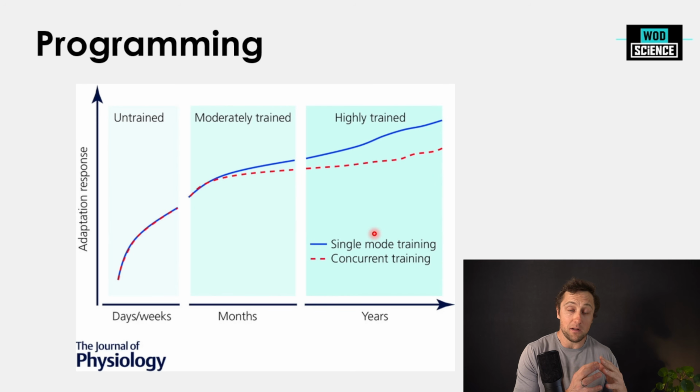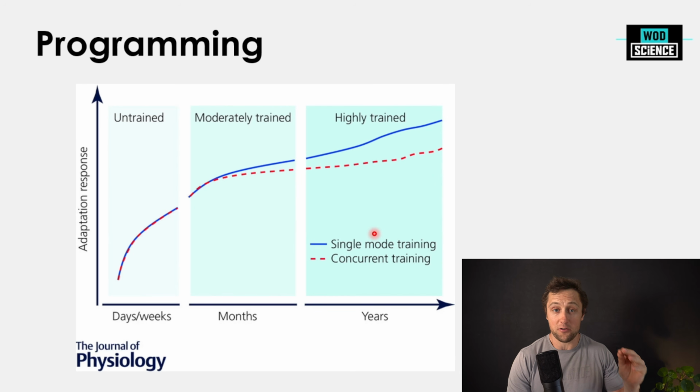But then when you have a moderately trained and certainly an elite athlete, you want to specify your training. For example, if you want to build a bodybuilder, he or she can do a little bit of cardio, but you don't want to spend 5, 6, 7 hours a week doing cardio or endurance training for that person. But the problem with CrossFit is you have to be good at both.